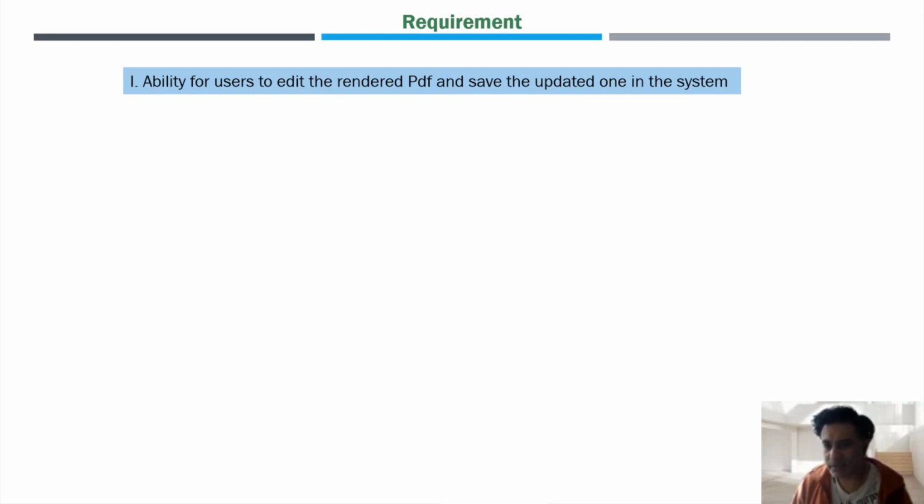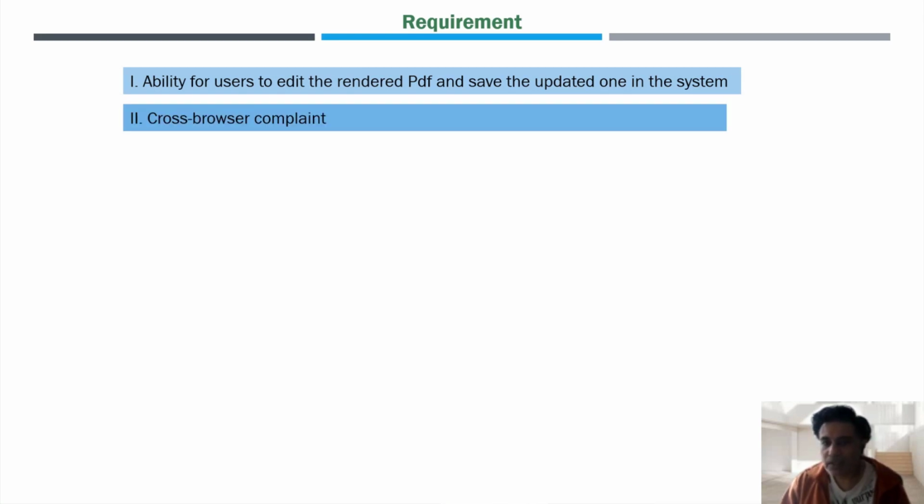It could be SQL Server, it could be Azure, but in our case, we are saving the final PDF in Azure. And it should be cross-browser compliant. That's actually a challenge in itself because Pdf.js, being the latest code, does not support IE 11.